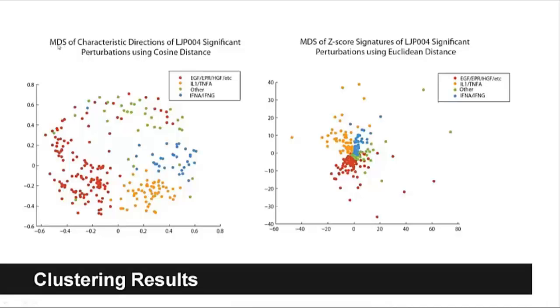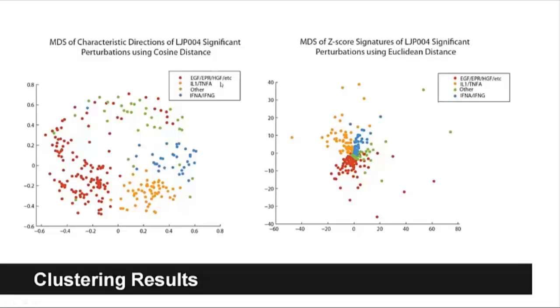This is a multi-dimensional scaling of the characteristic directions of part of the LINCS data, this RGP04, significant perturbations. The distance between the experiments is measured by cosine distance. In this part of the LINCS data, they are ligand perturbations to 6 different breast cancer cell lines.